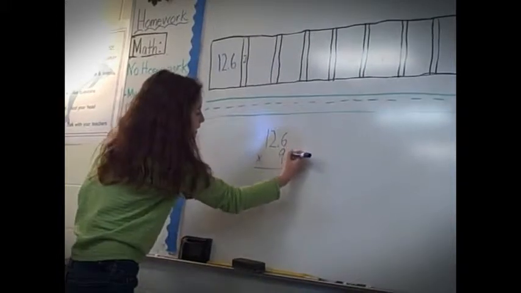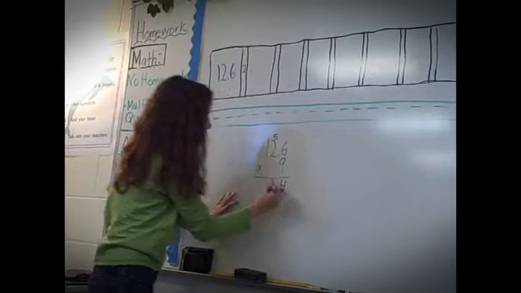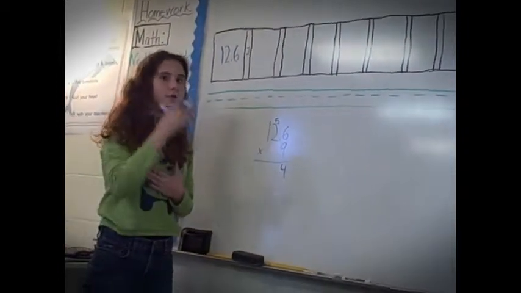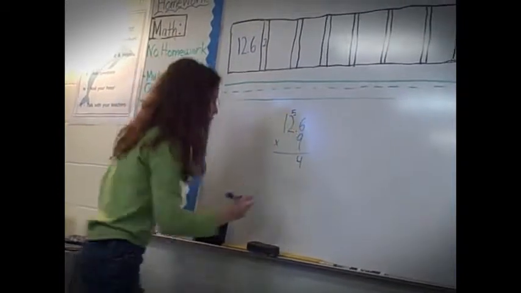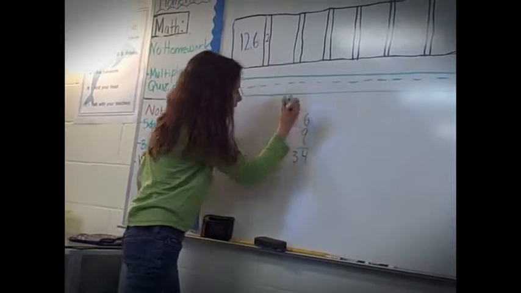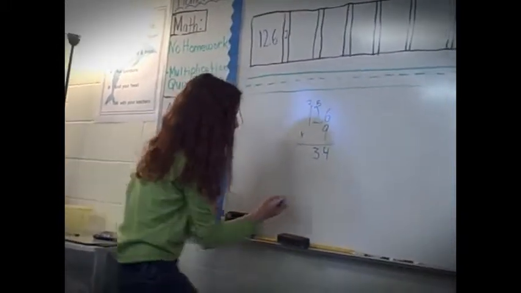So 6 times 9 equals 54, carry my 5. 9 times 2 equals 18, and 18 plus 5 would be 23. Carry my 2. 9 times 1 is 9, plus 2 is 11.